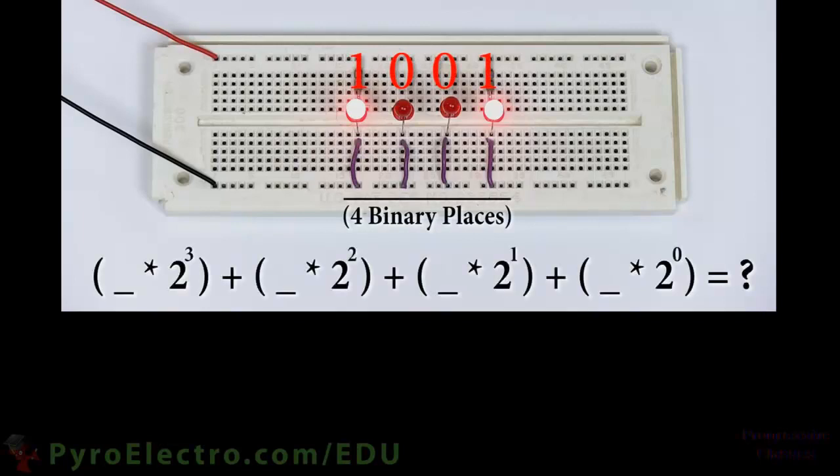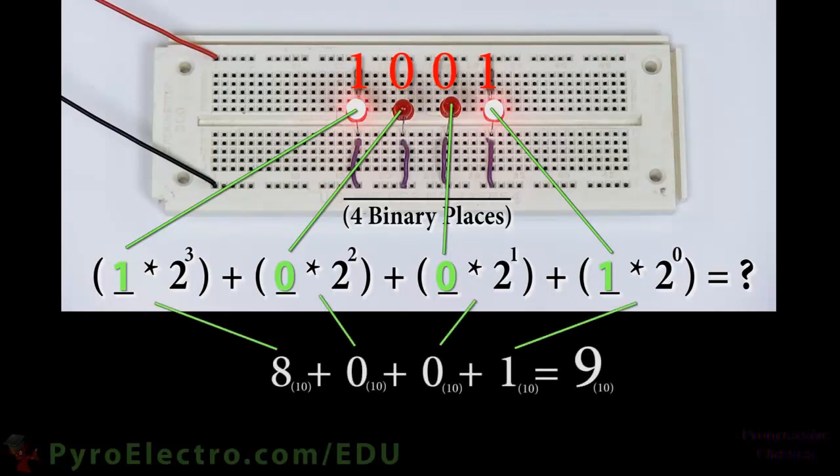Converting that further into decimal, we get 1 times 2 to the power 3 plus 0 times 2 to the power 2 plus 0 times 2 to the power 1 plus 1 times 2 to the power 0, which in decimal equals 8 plus 0 plus 0 plus 1, which equals 9.